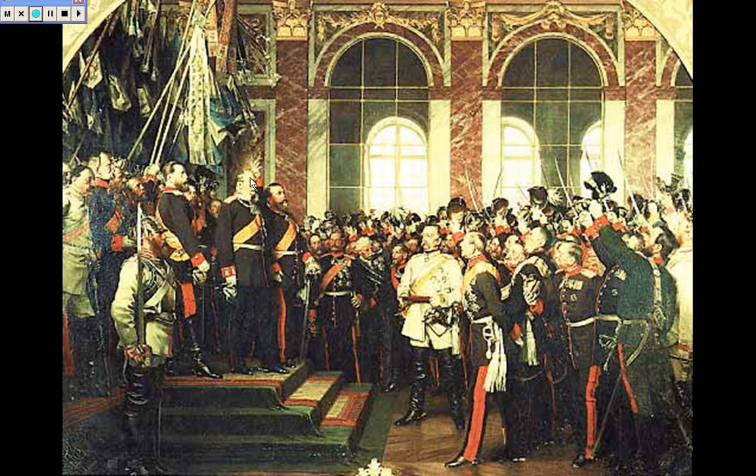This is a painting of a ceremony crowning the new Kaiser, which is like an emperor of this newly united Germanic kingdom. And it takes place in Versailles.